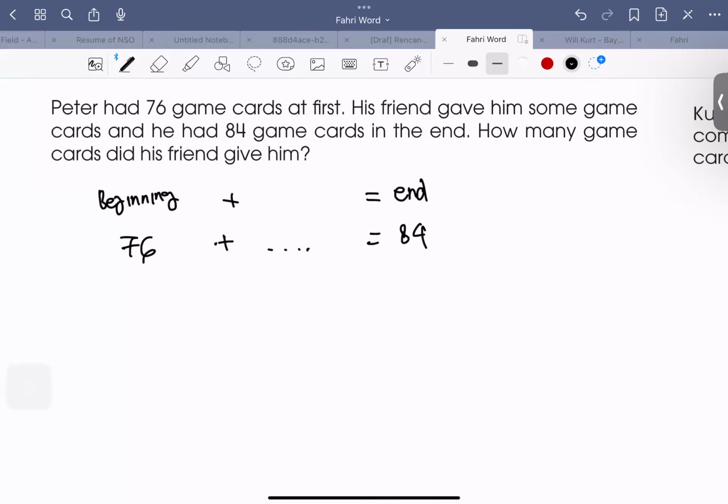So, we need to find a number that if we add 76 with this number, we will get 84. That's why we can find the answer by finding the difference between 84 and 76. We will get 8 cards. So his friend gave 8 cards to him.